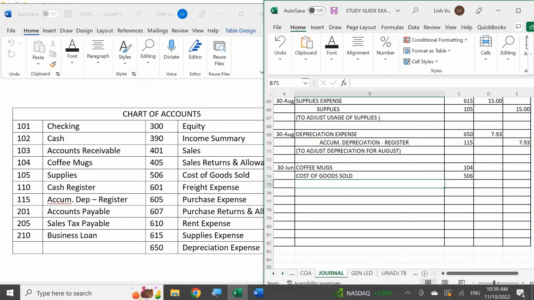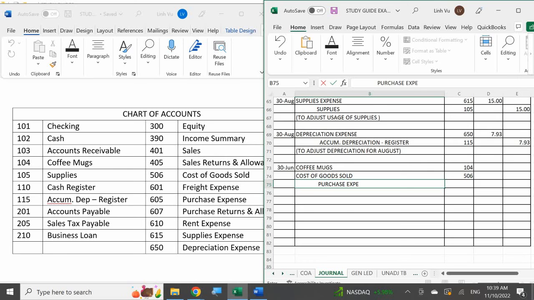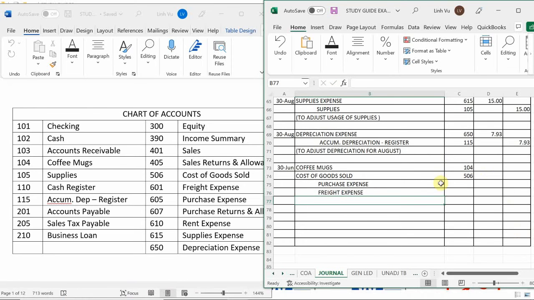Okay, so you're going to take that out from your purchase expense, and what else? What usually comes with a purchase expense? The freight expense. Good. So purchase expense 605, freight expense 601.